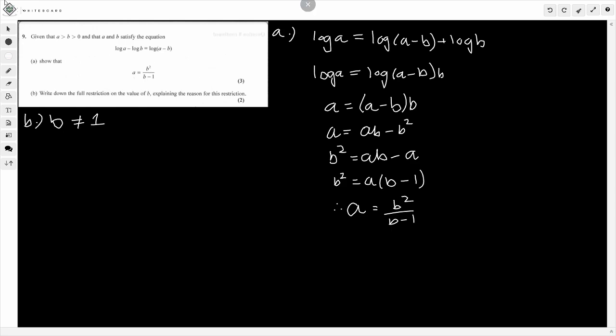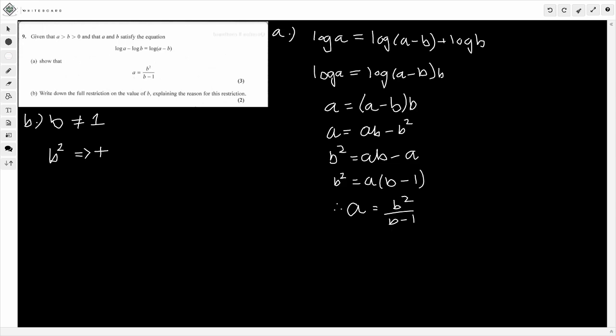We're given that a is bigger than b, which is bigger than 0, so both a and b are bigger than 0. Well, what we can know is that b squared is always positive. If you square a number, it will always be positive. So b squared is positive. So if b squared is positive, what we can then know is that this right hand side here, this b squared divided by b minus 1, must be bigger than 0, because a and b are both bigger than 0 as well.